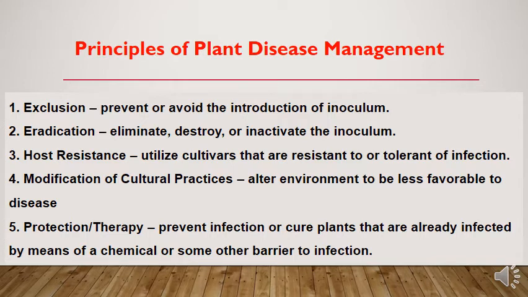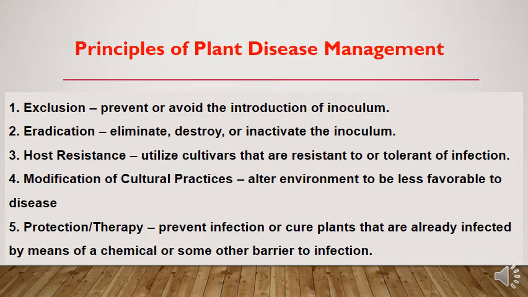We have 5 or 6 strategies used in disease management. They include exclusion, which is applied to prevent or avoid the introduction of inoculum in a new area. Eradication means to eliminate, destroy or inactivate the inoculum in an infected plant or infected area. Host resistance uses cultivars that are resistant or tolerant to infection.